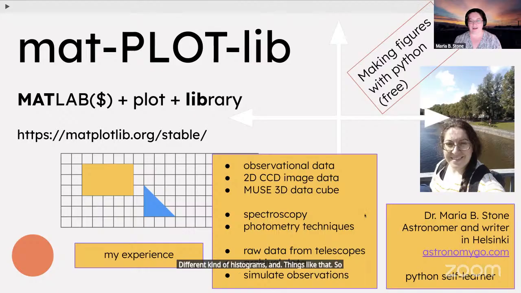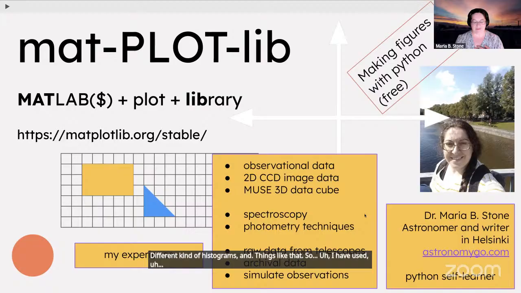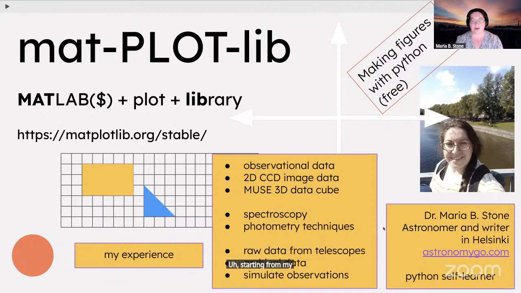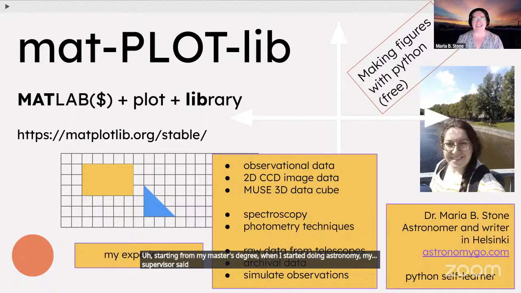I have used MATLAB, and my matplotlib experience is like with any other Python packages. I'm a self-learner, starting from my master's degree when I started doing astronomy. My supervisor said you have to learn Python, so I learned it on the job when I was working on projects.